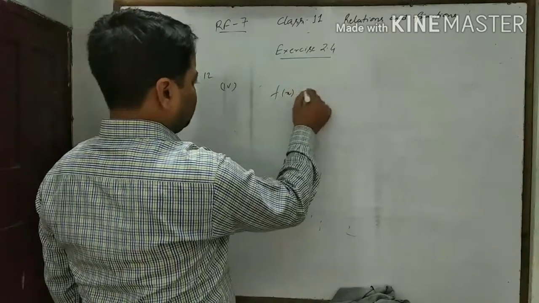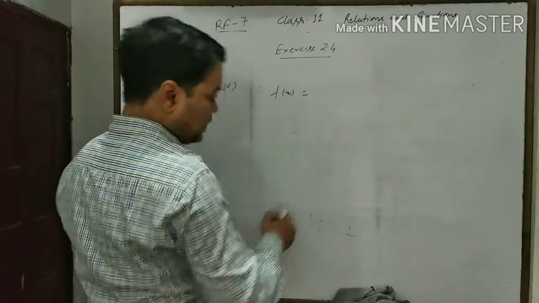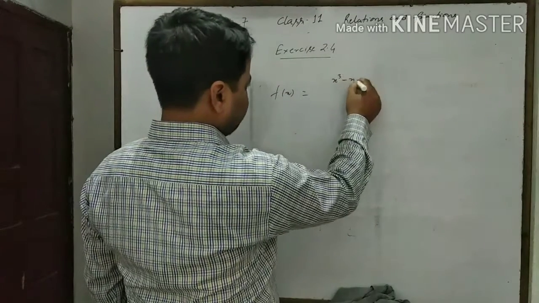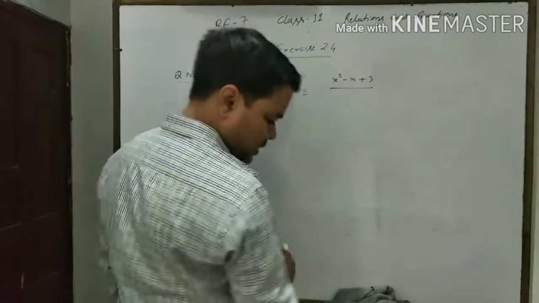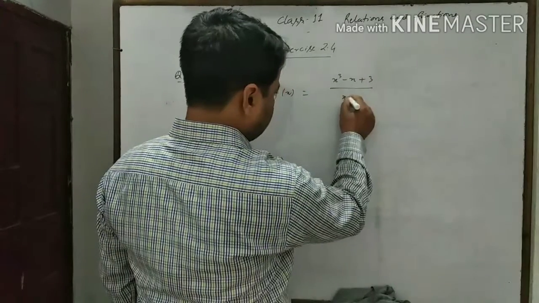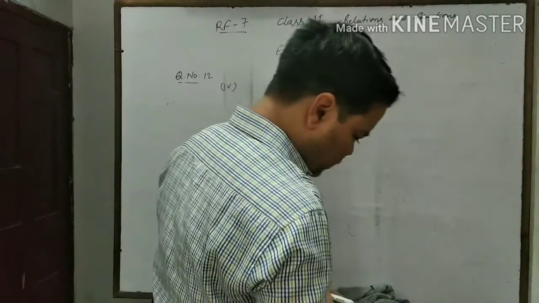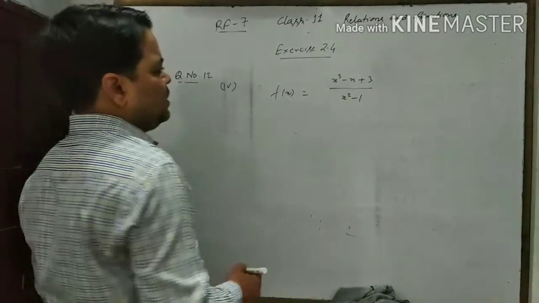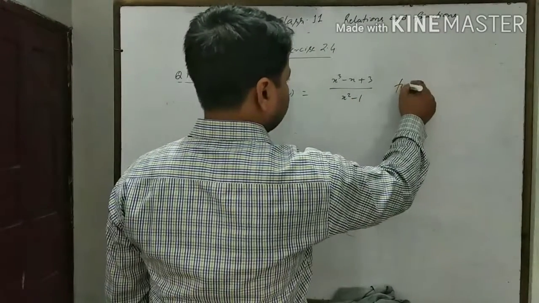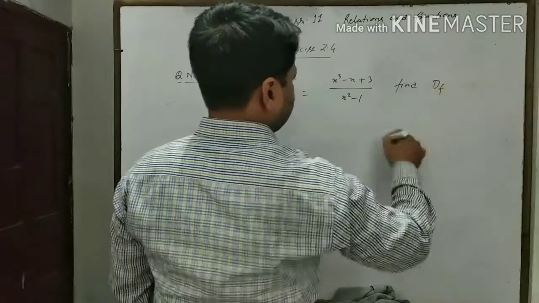The function is defined this way: x cube minus x plus 3 upon x square minus 1. And what we have to find? Find the domain of the following real function. We have to find the domain of the function.